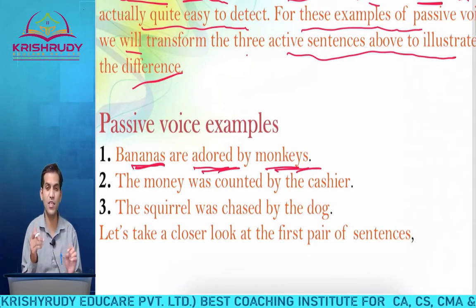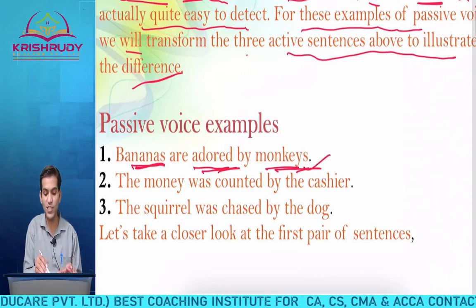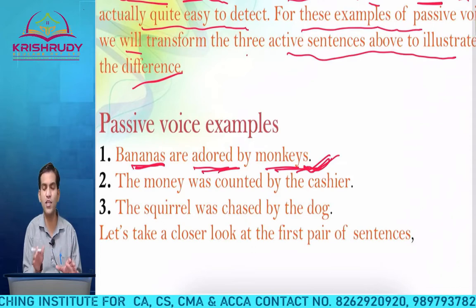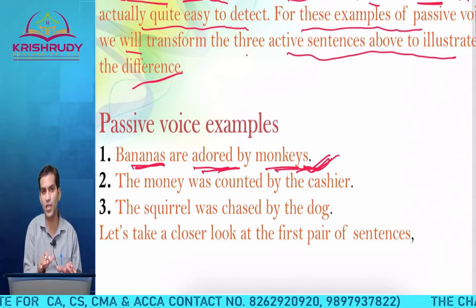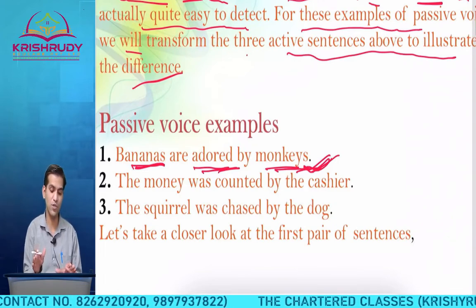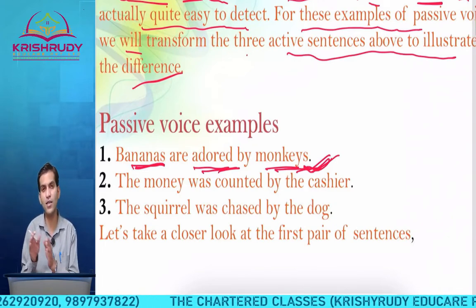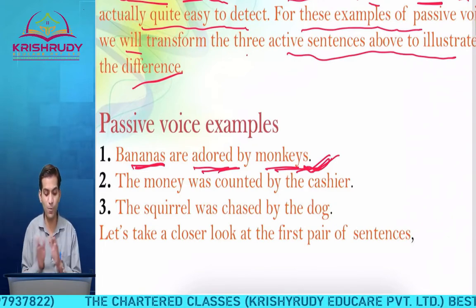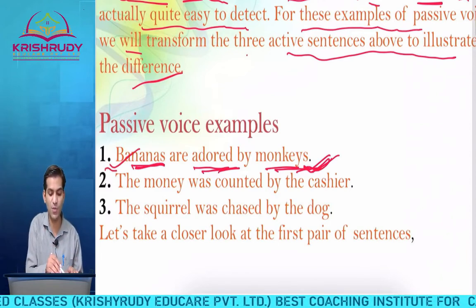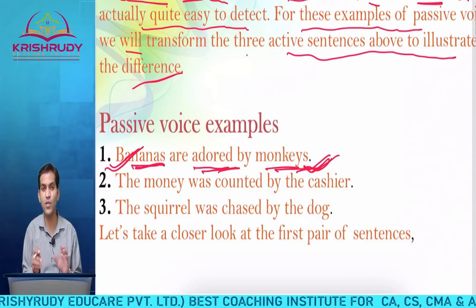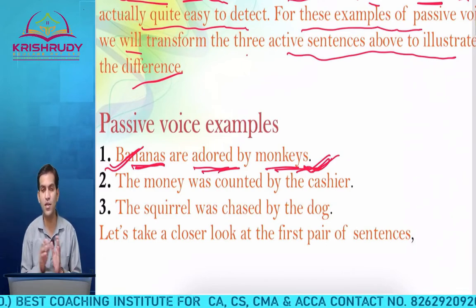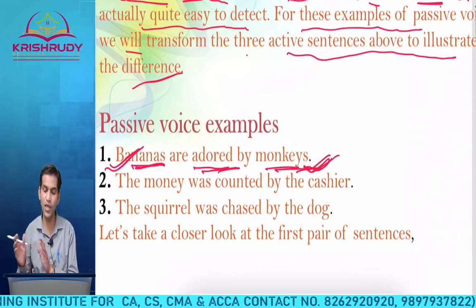In the previous sentence we saw that monkeys were performing the action. Even here the monkeys are performing the action, but they are secondary here. The primary importance is given to the object, that is bananas, right? Meaning the work is done on bananas by the monkeys.